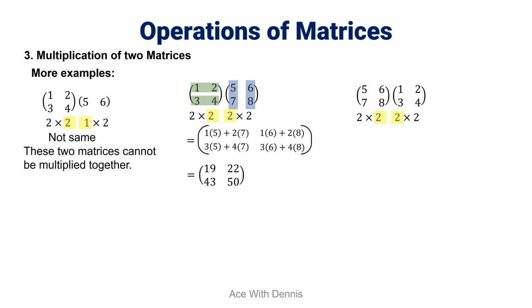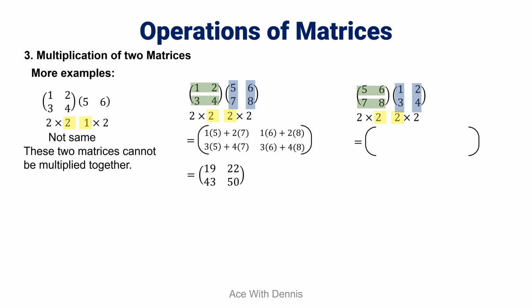So look at these two numbers. They are the same. Hence, these two matrices can be multiplied together. So next, we'll group the first matrix in this manner. So the elements are grouped horizontally, and for the second matrix, we group the elements vertically in this manner.